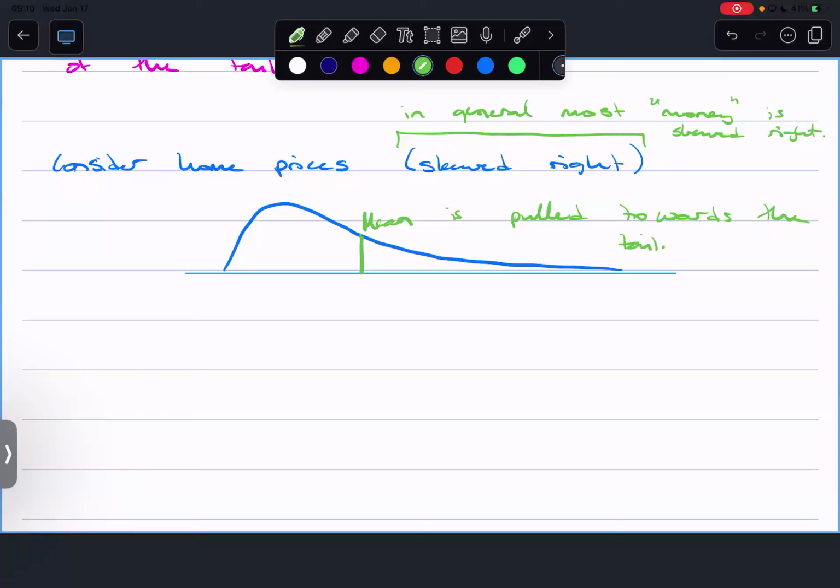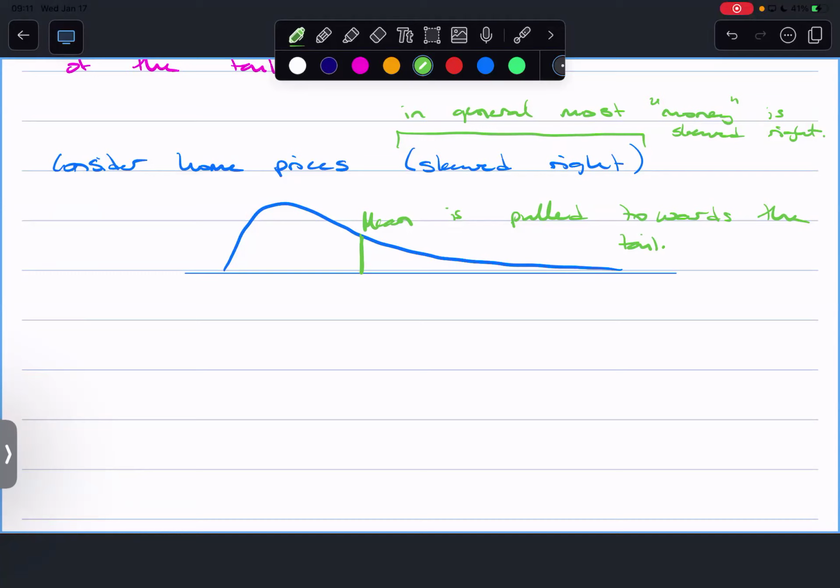I mentioned that because next time you listen to the radio, there's always something where they want to talk about the average of a skewed distribution. They don't say it's skewed, but you kind of know that it is. And then they want to scare you with the mean.